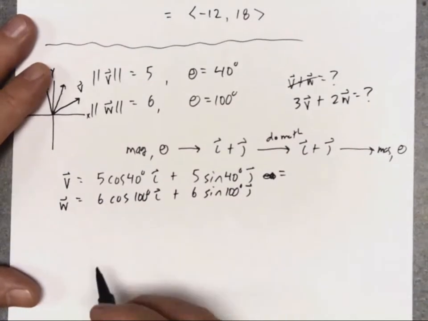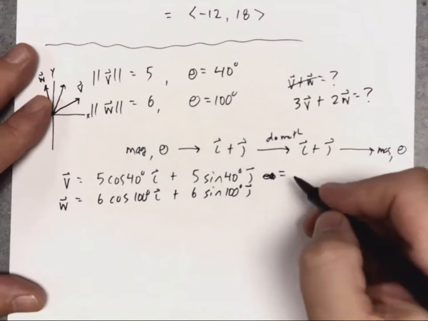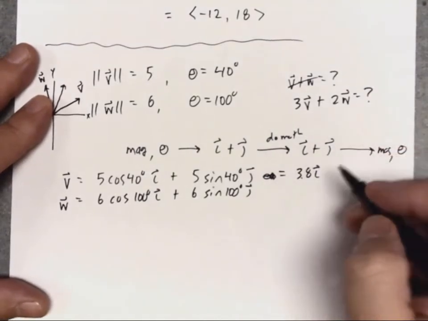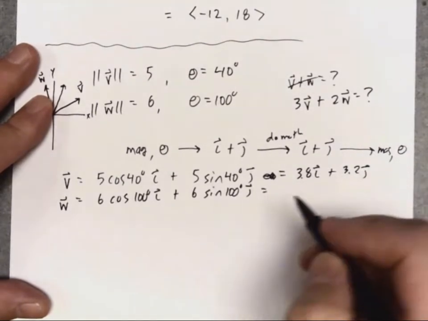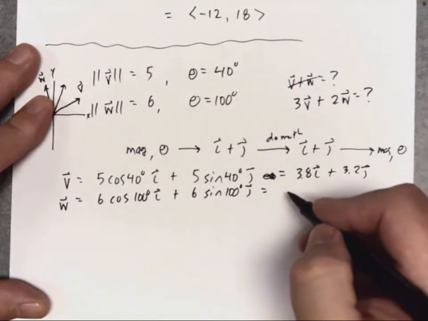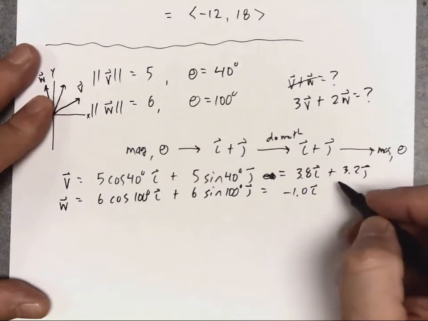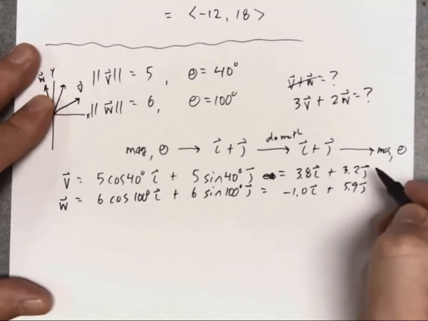So I did the math here, and I got 3.8 i plus 3.2 j, and I got negative 1.0 i plus 5.9 j.